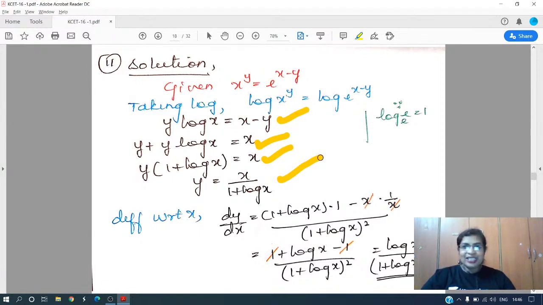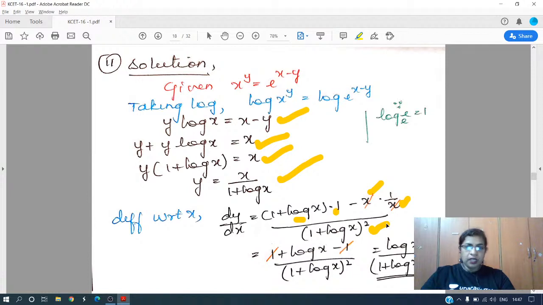Now, which rule comes to your mind? Quotient rule. Okay, what is quotient rule? Denominator, that is 1 plus log x, into derivative of the numerator, which is 1, minus numerator, that is x, into derivative of the denominator, log x derivative is 1 by x, whole divided by denominator square, that is 1 plus log x the whole square.